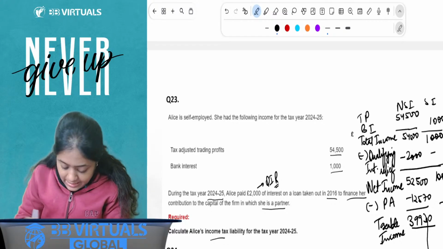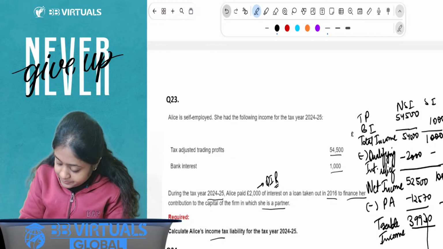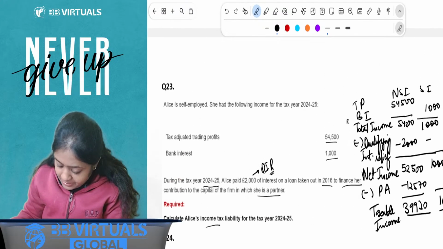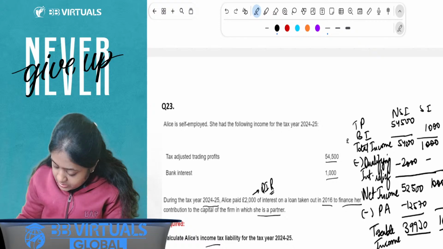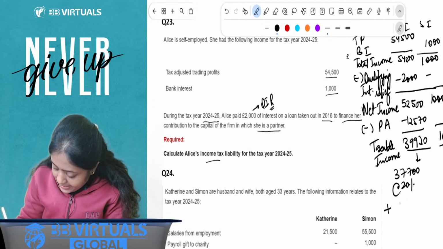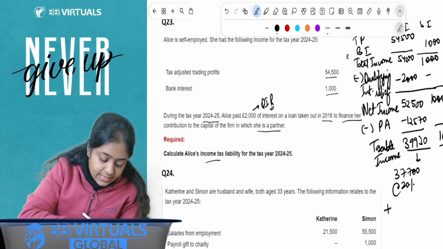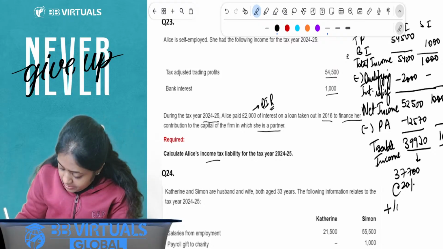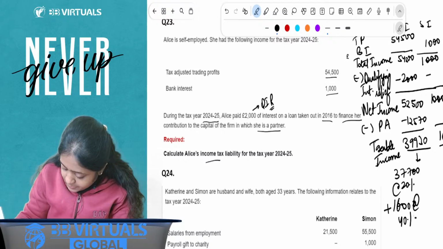Now let's calculate tax. So when I calculate tax here, tax will be simple. For NSI, you will calculate 37,700 at the rate 20% and with this you will add the remaining, which is 39,930 less 37,700, which is 2,230, taxed at 40%.